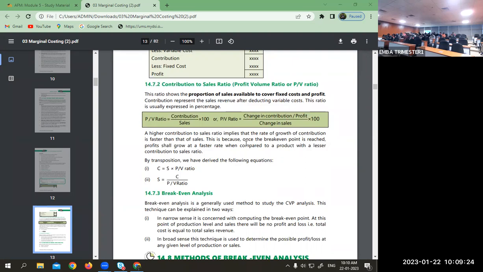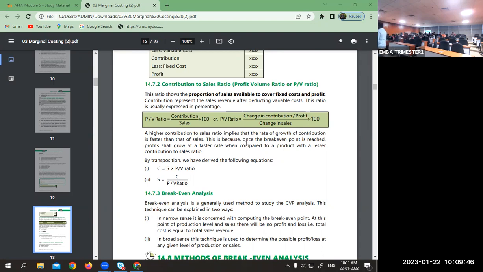Okay, look at these equations. There are 2 equations given to you. One is profit volume ratio is equal to contribution by sales into 100. Otherwise, profit volume ratio is equal to change in contribution divided by change in sales into 100. These equations can be applied in 2 different situations.